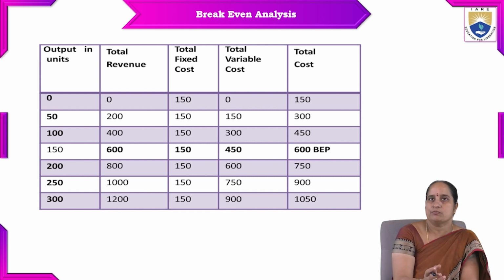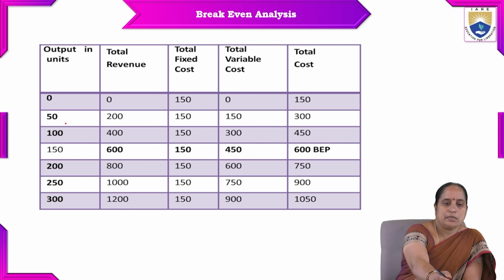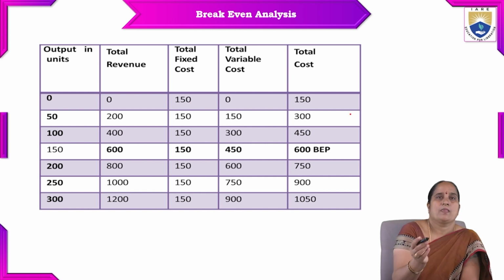So total cost, the sum of total fixed cost plus variable cost, is 150. If you increase output by 50 units, total revenue is 200, fixed cost remains the same, variable cost is 150 and total cost is 300.